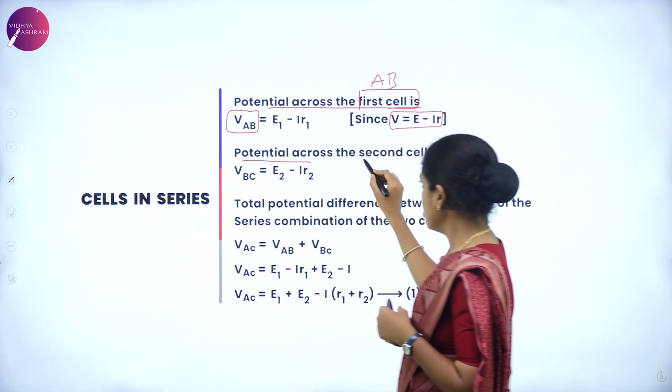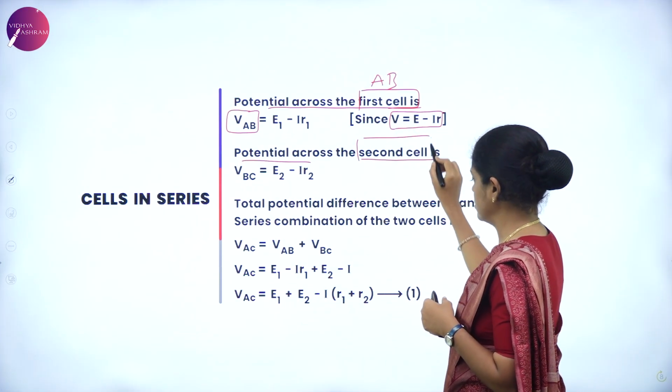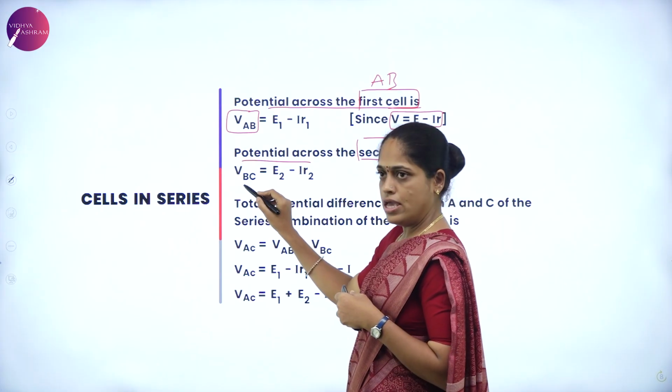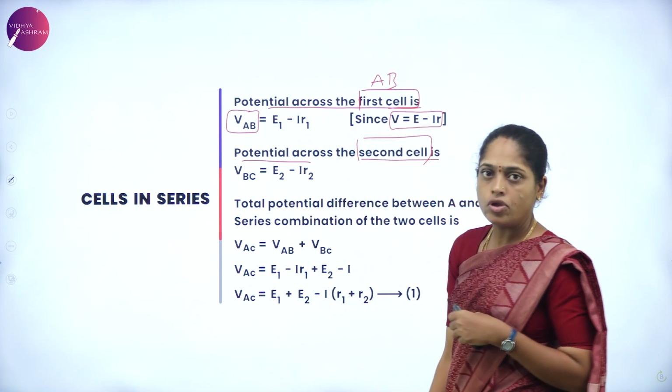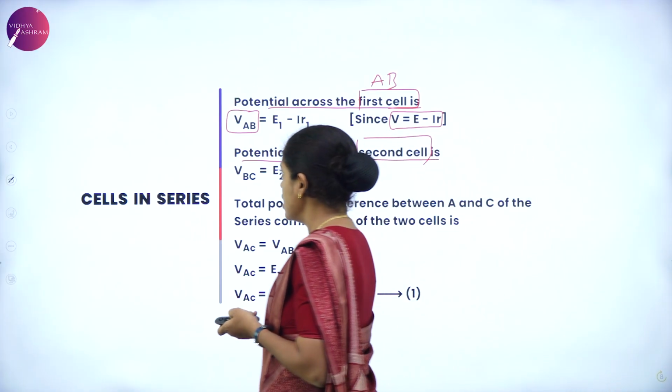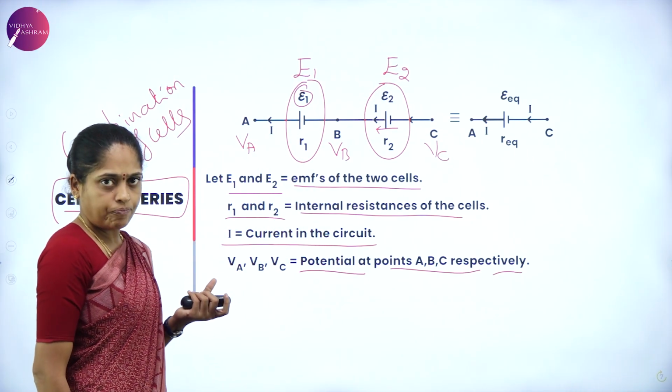In the same way, you find the potential across the second cell, which is given by VBC is equal to E2 minus IR2.